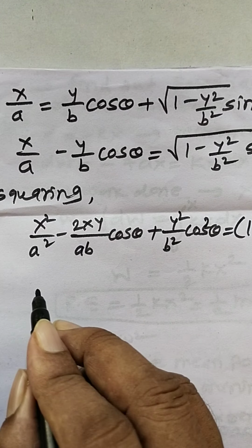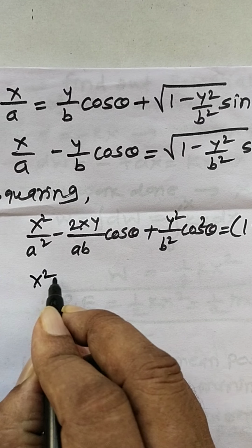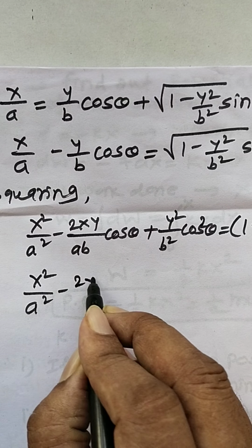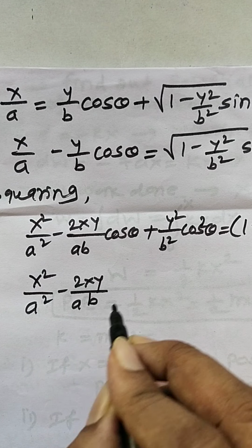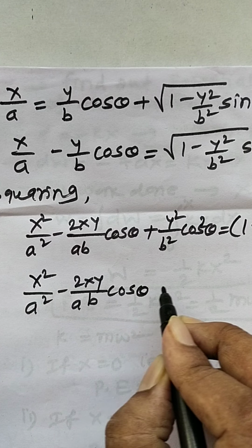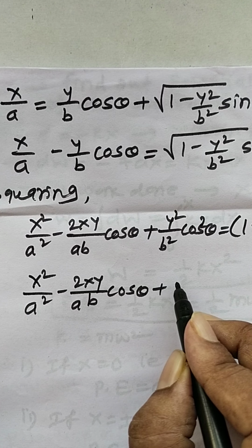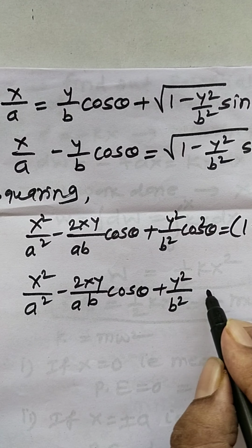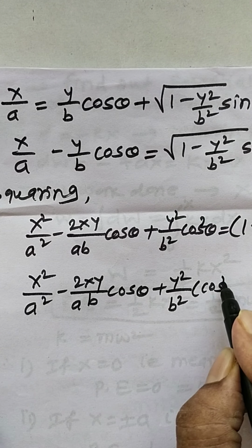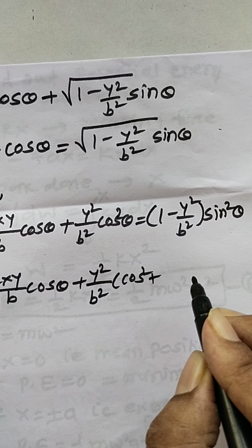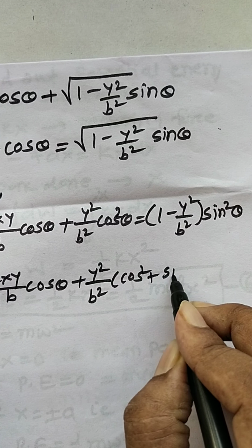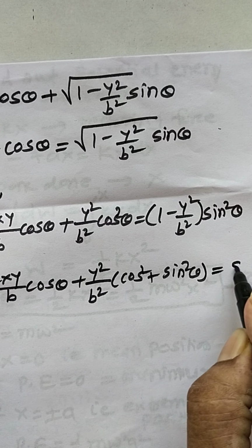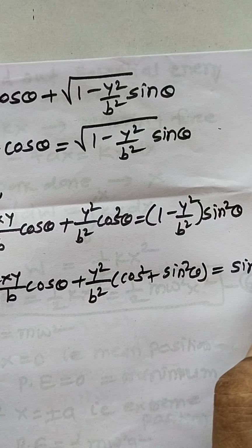It is written as x square upon a square minus 2xy upon ab cos theta plus y square upon b square times cos square theta plus sin square theta, equal to sin square theta.